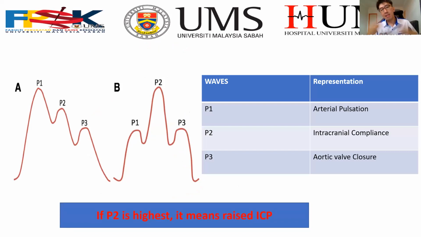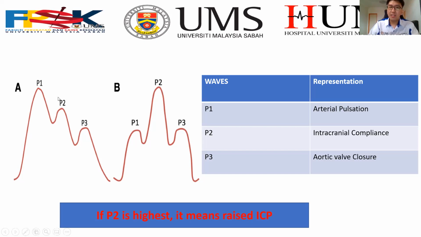Now, same as our other pressures, they have waves that are present. They have P1, P2, and P3. In picture number 1A, it shows the P1, P2, and P3. P1 shows the arterial pulsation. P2 is the one that we have interest in, which reflects the intracranial compliance. And P3 is from the aortic valve closure, which creates the dicrotic notch there.